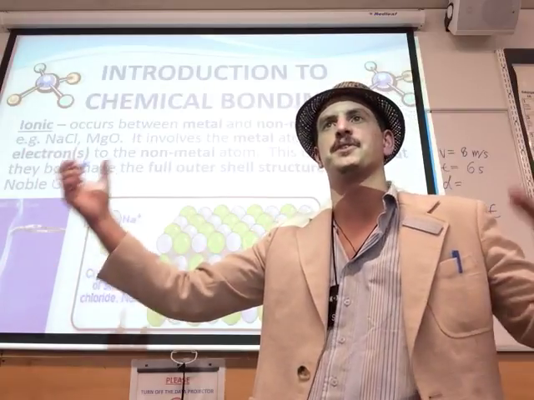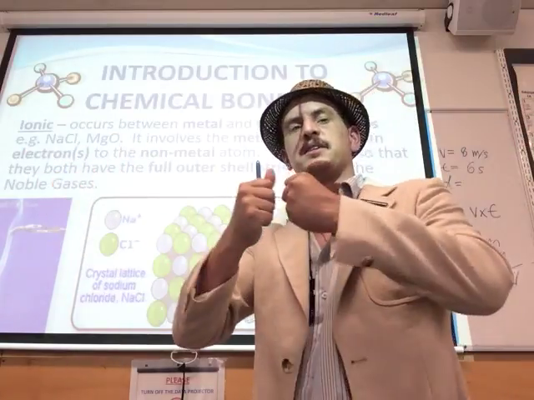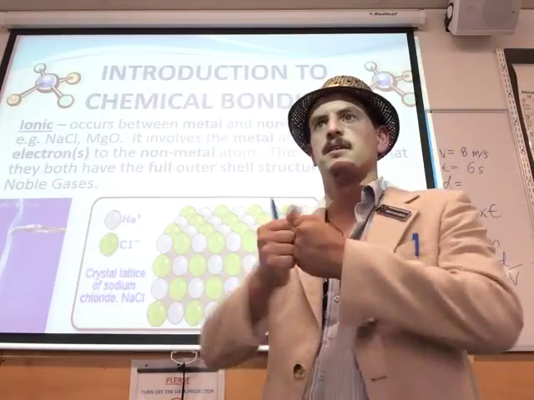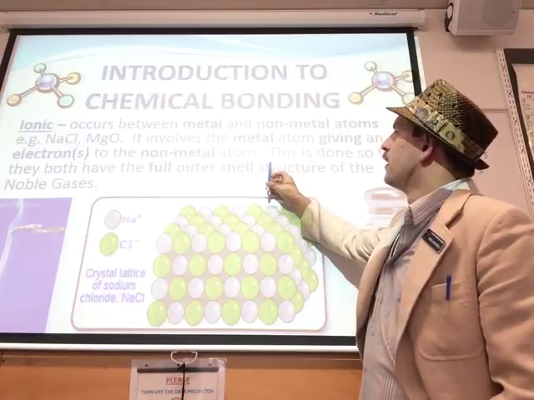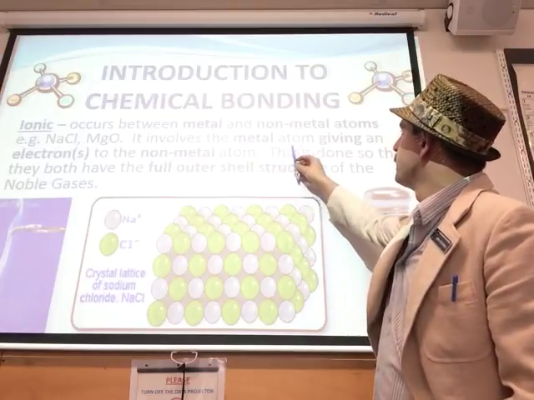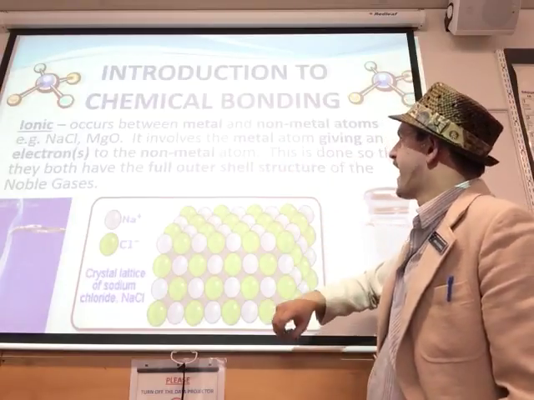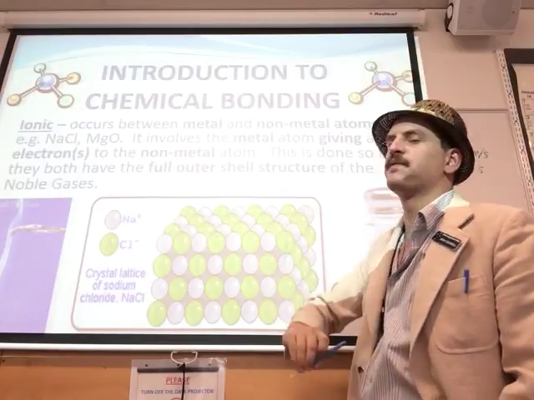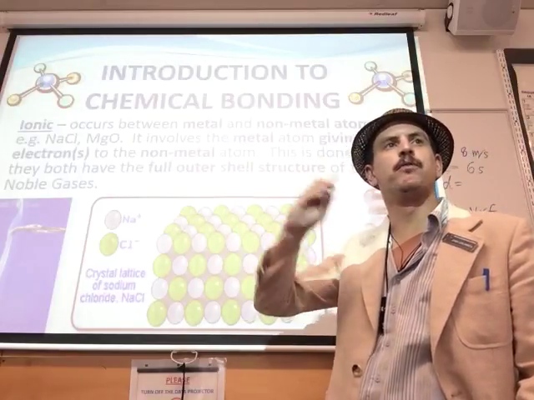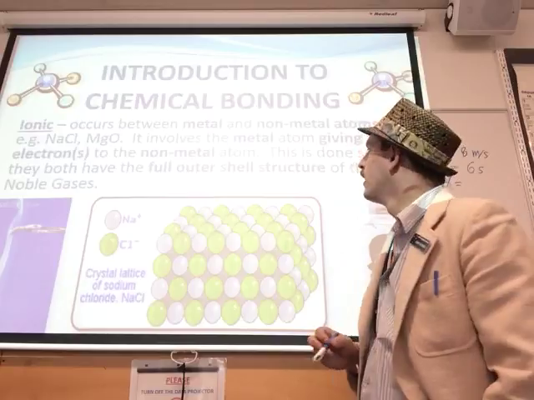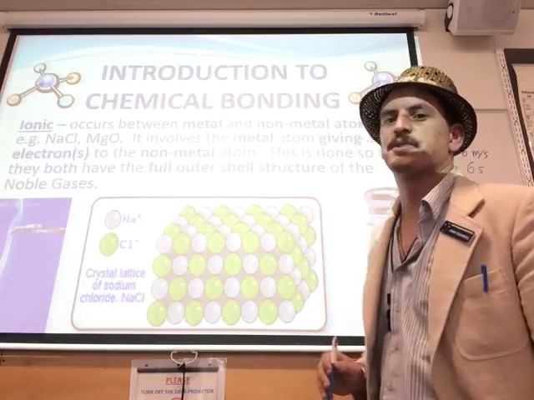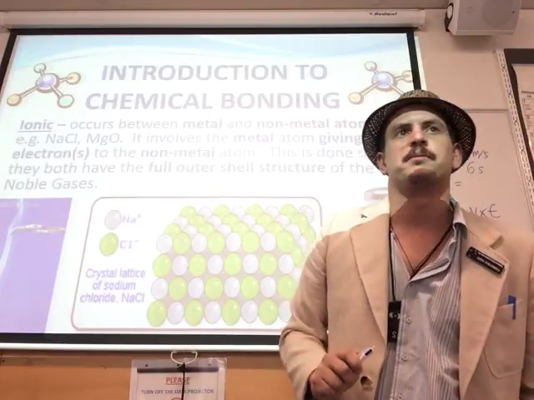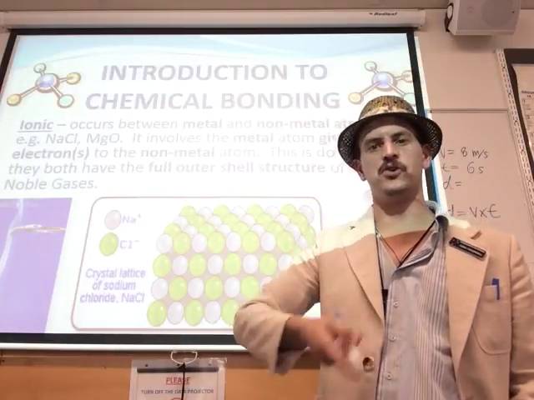Once those charges are in place, they get attracted. Opposite charges attract. So it involves the metal atom giving an electron to the non-metal atom, so that they both have a full outer shell, as we know. And as we also know, the noble gases will not be involved in that sort of situation, because they already have that full outer shell.